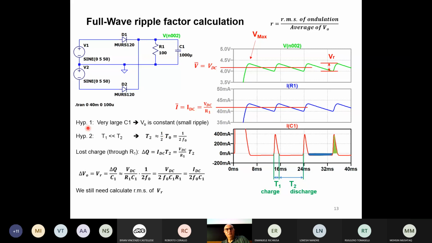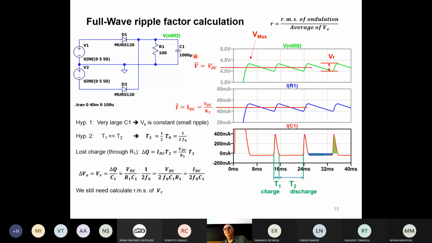And here we make two hypotheses that we need for making an easy calculation of this integral. The first hypothesis is that if we have a C1 that is very large, we can consider that the output voltage is quite constant. There is a small ripple. If the capacitor is 0, we have the maximum ripple, no filtering.